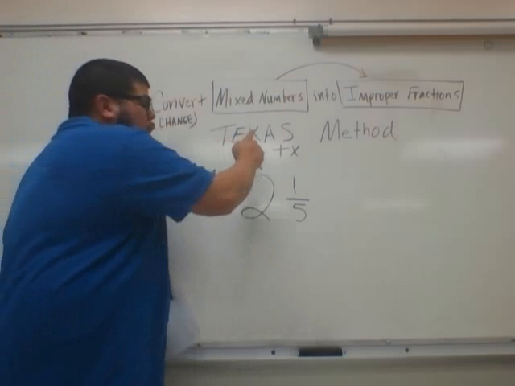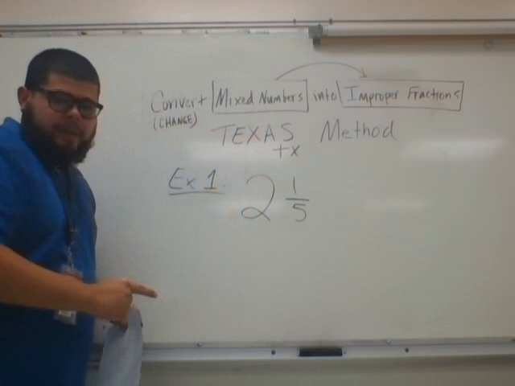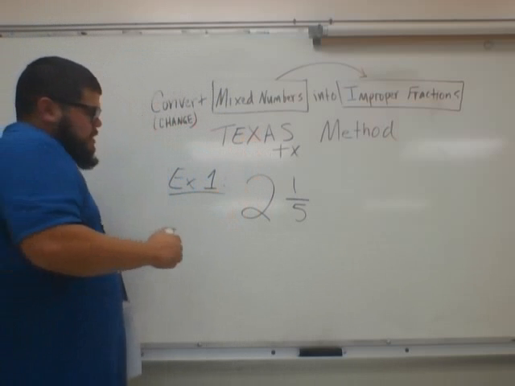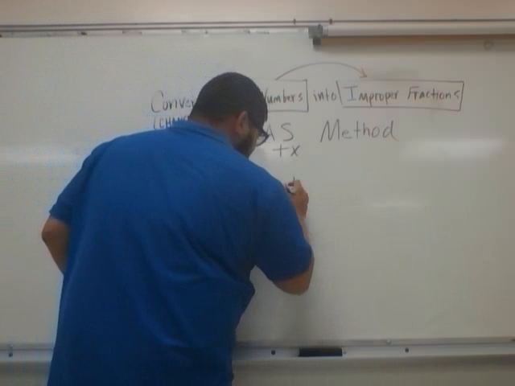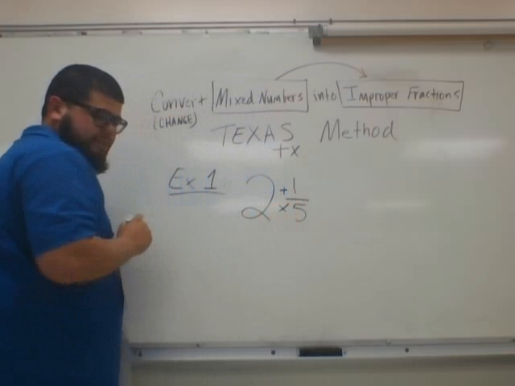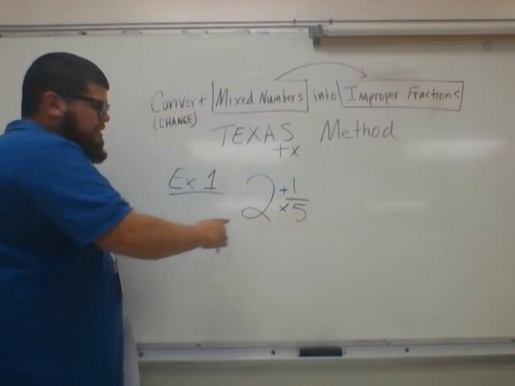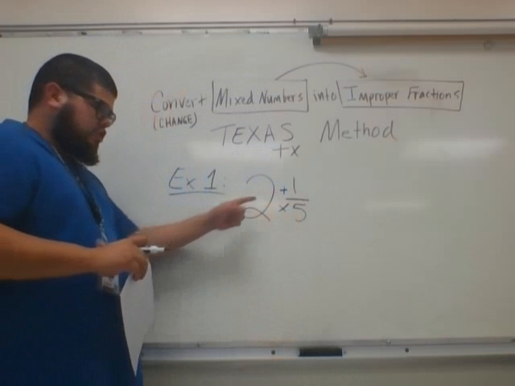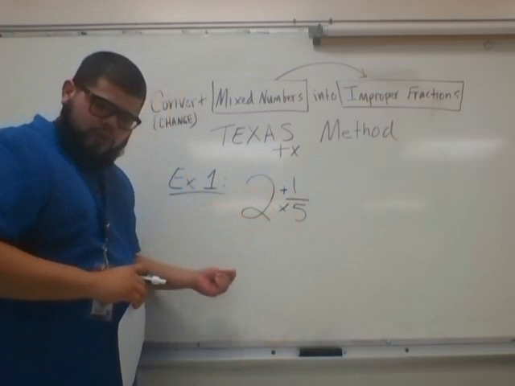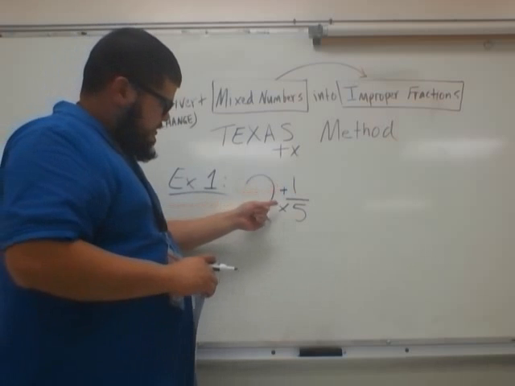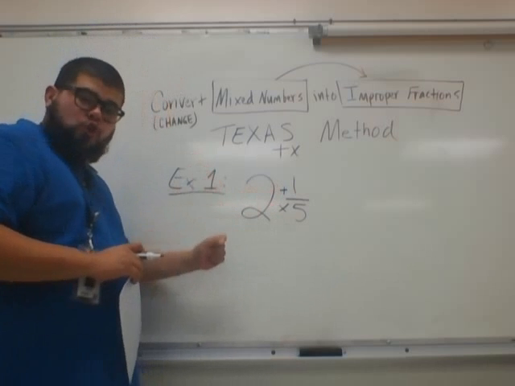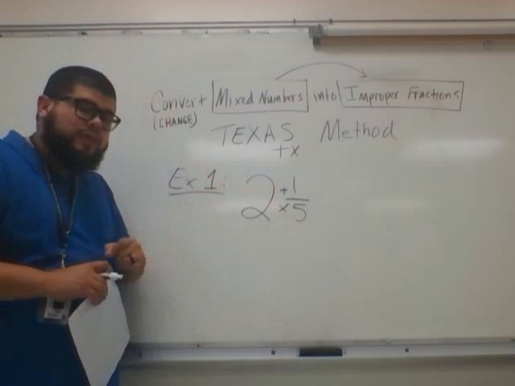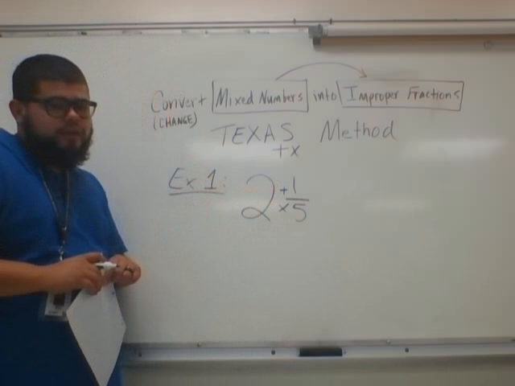We call this the Texas method because of TX. We're going to write T and X. This means plus and multiplication. It's just a way to remember which one goes where. Plus, multiplication. Now, we do multiplication first because we have talked about the order of operations already.